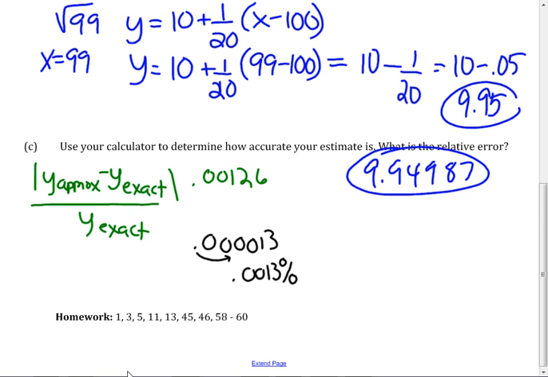So let's look at any questions you had. You said you had some troubles with last night's homework. Well, this is going to be fun. When I do one of these problems, you can use either method on some of these problems. I like the tangent line.